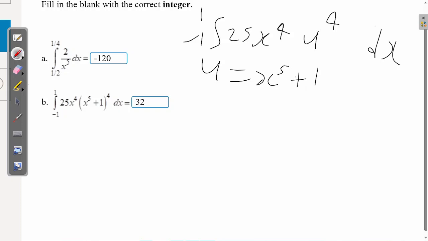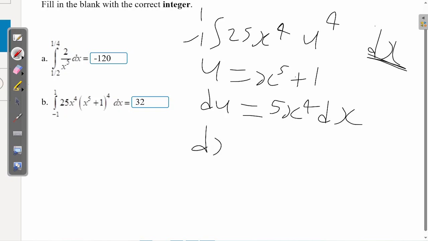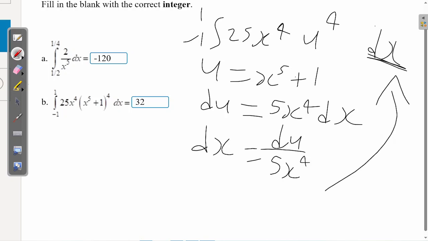Okay, now what do you want to do? You want to get rid of dx. So let's differentiate this one. Derive it. So du is equal to 5x power 4 dx. Okay, now what do we want? We want dx, so let's divide. So dx will be equal to du over 5x power 4. So substitute it in.